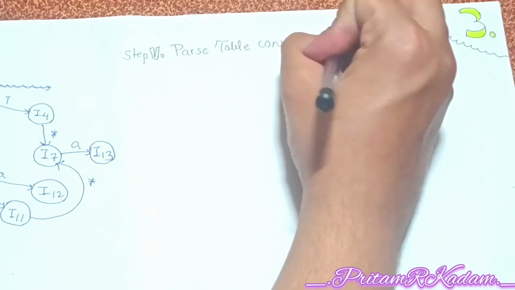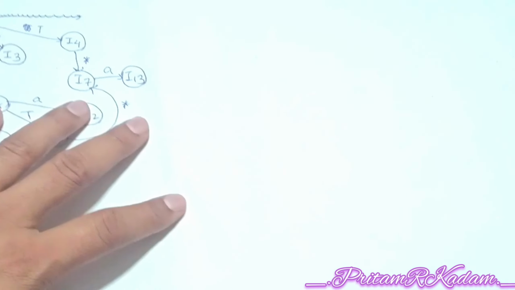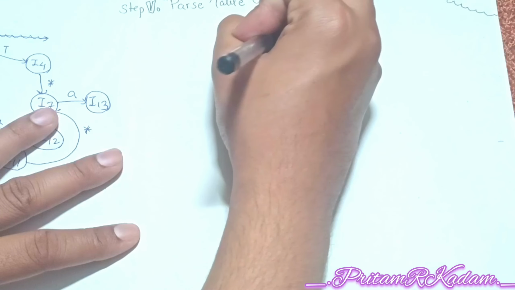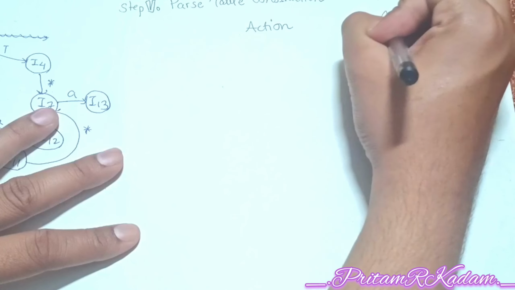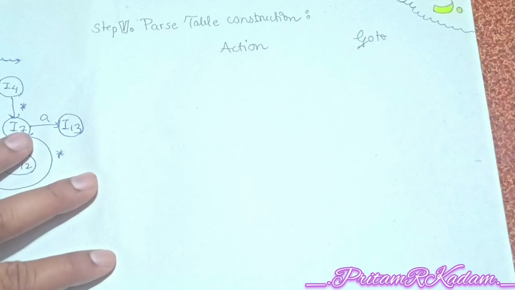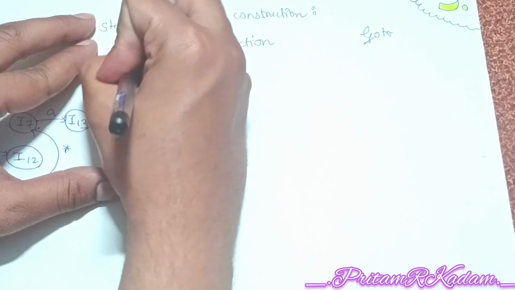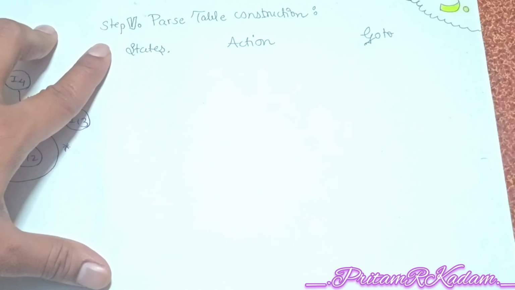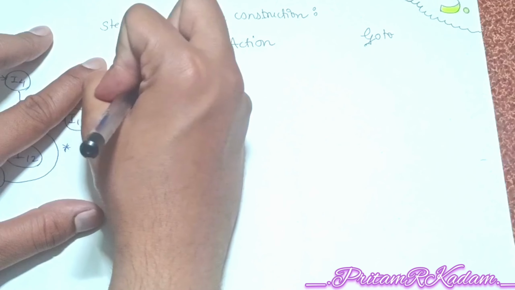We will have the 17 states and then we will enter the values of shift and reduce. Okay. So let us write action, then goto over here. Under goto we will have the non-terminals and under action we will have the terminals with dollar. Okay. Now we have the states over here. These states will start from 0 till the I17.